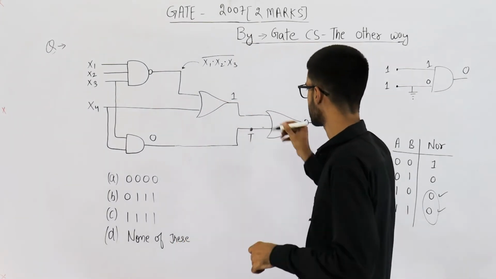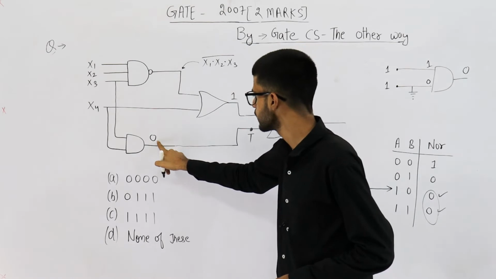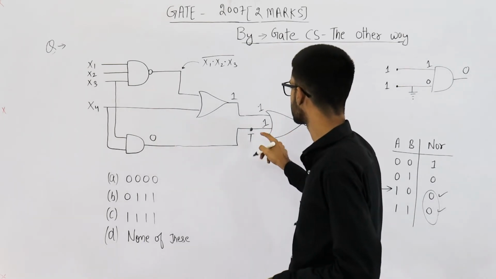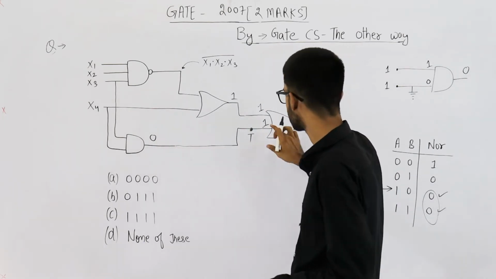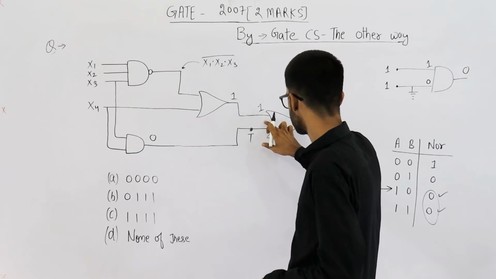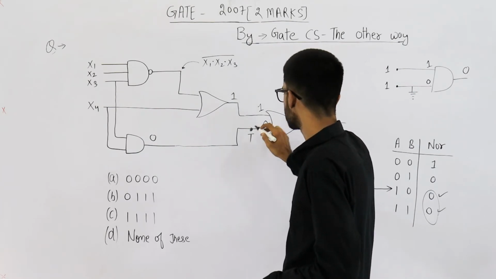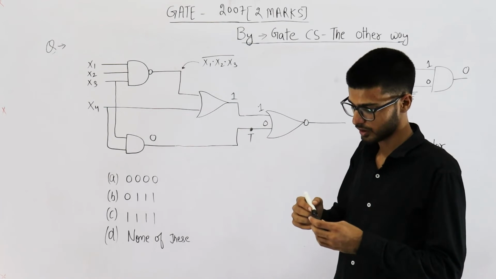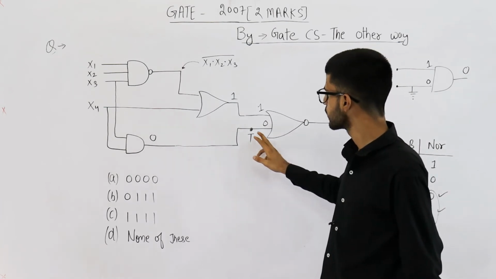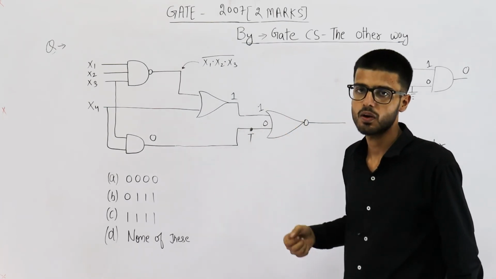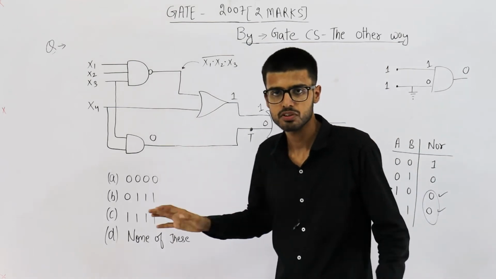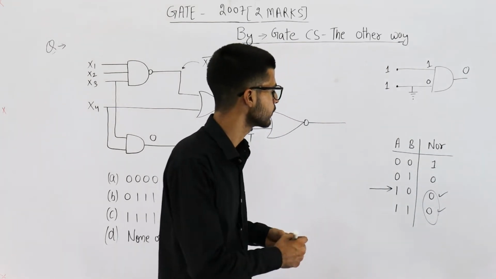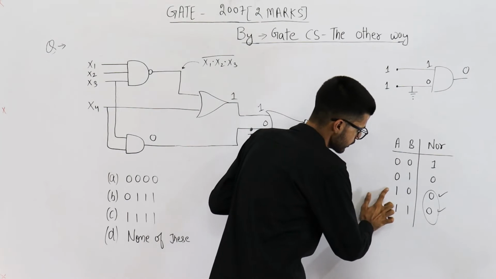This one will reach here as it is. This 0 will also reach here as it is because this one is connected to ground. In this case, the fault was not able to alter the input at all. That means we still can't detect our fault. So this is of no use.